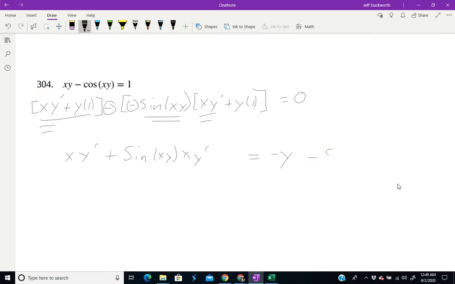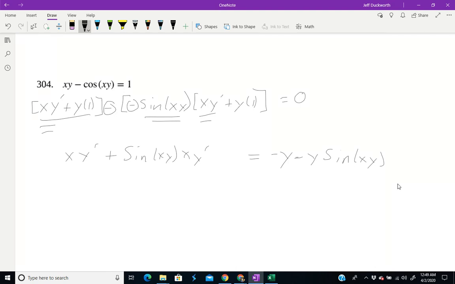So it's going to be a minus sine of xy times y, which I'll move in the front of that. It's minus y times that.